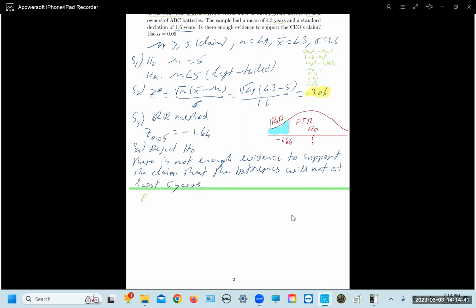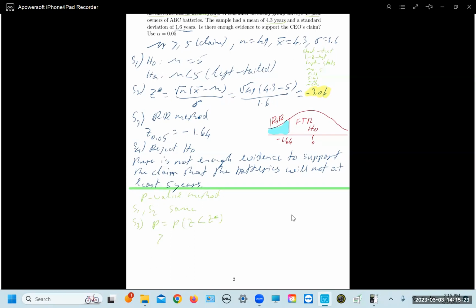So the p-value method. We do the same thing. Step 1, step 2 same. Step 3, so we got P equal P of Z less than Z star.